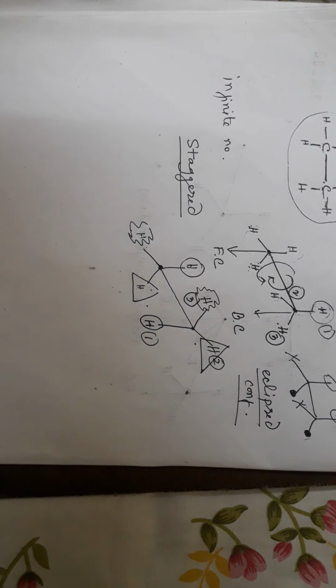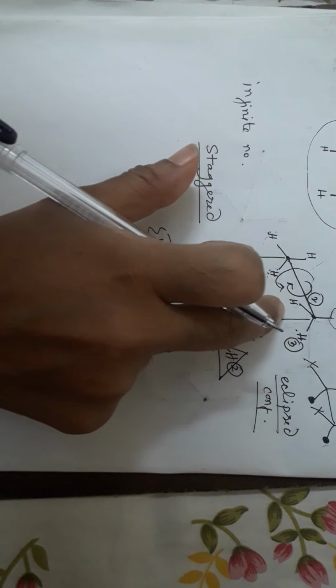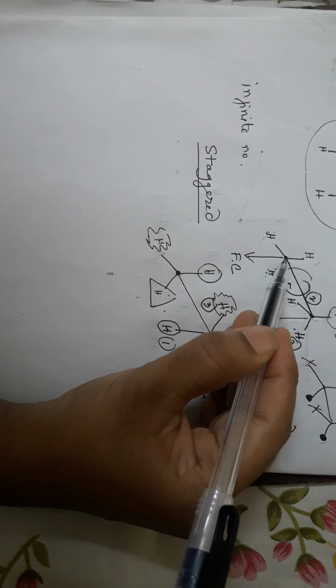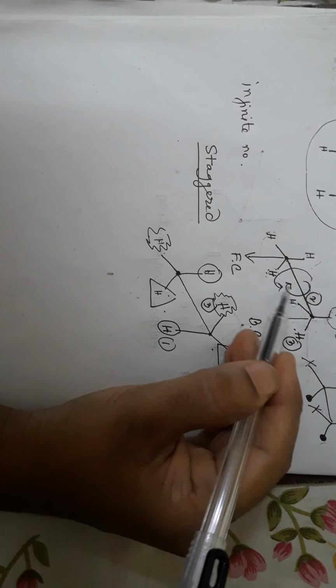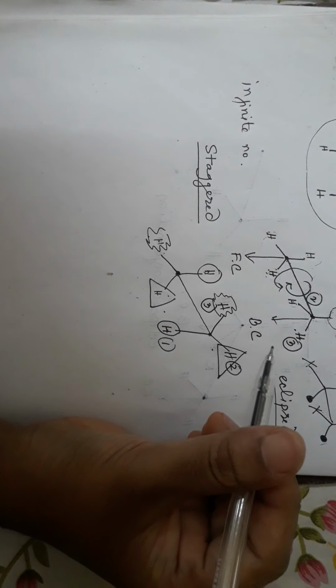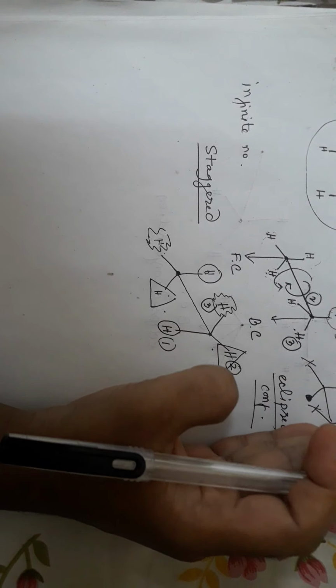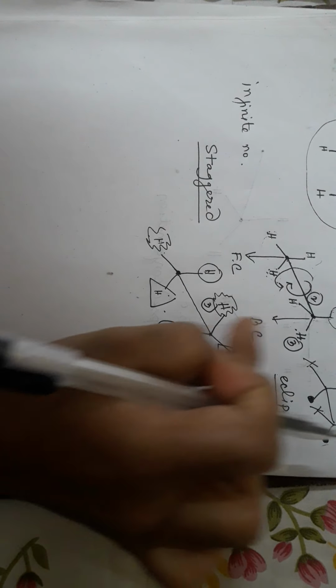So one projection can be transformed into another by rotation of one of the key carbon atoms. If we keep any one carbon intact and rotate the other carbon through the single bond, either clockwise or anti-clockwise, we can transform it into another projection formula.